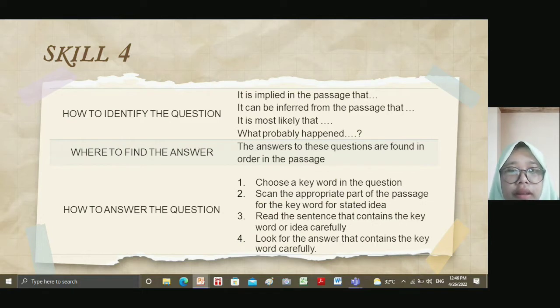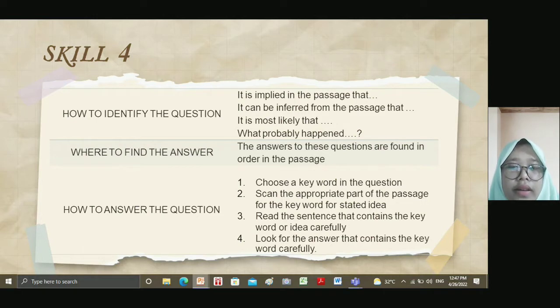Next, where to find the answer? The answers to this question are found in order in the passage. Last, how to answer the question? To answer the question, do as follows. Number 1, choose the keyword in the question. Number 2, scan the appropriate part of the passage for the keyword or that idea.